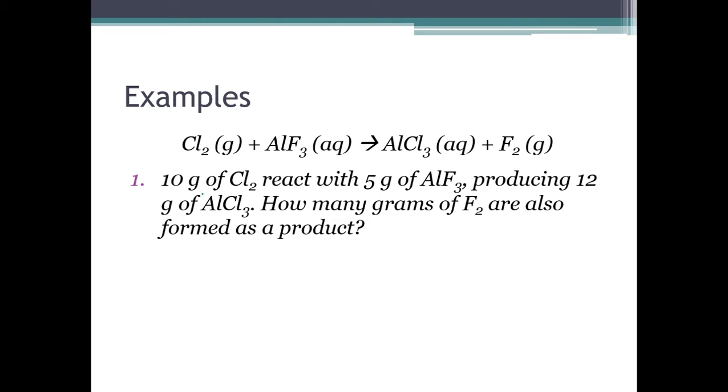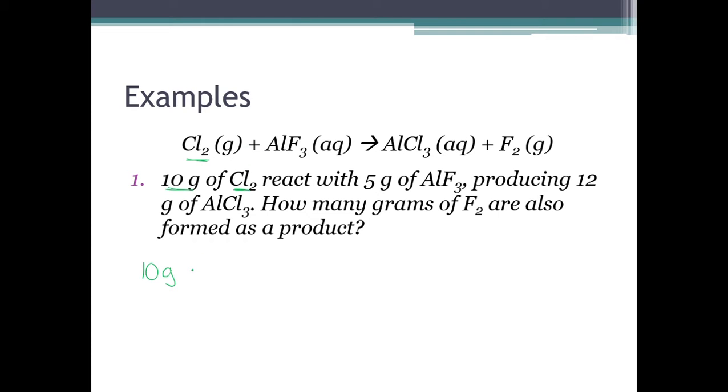So we can start by just plugging that in, just like in a math equation, you can plug in for x, plug in for different variables. Cl2 is 10 grams. So where we have Cl2, we will plug in 10 grams. React with 5 grams of aluminum fluoride.